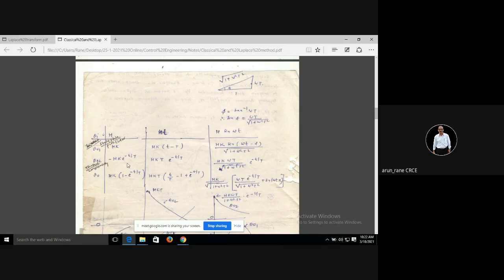So like that, in the classical solution method, if my input is h, then my theta O1, that is the steady state response or particular solution, is hk.